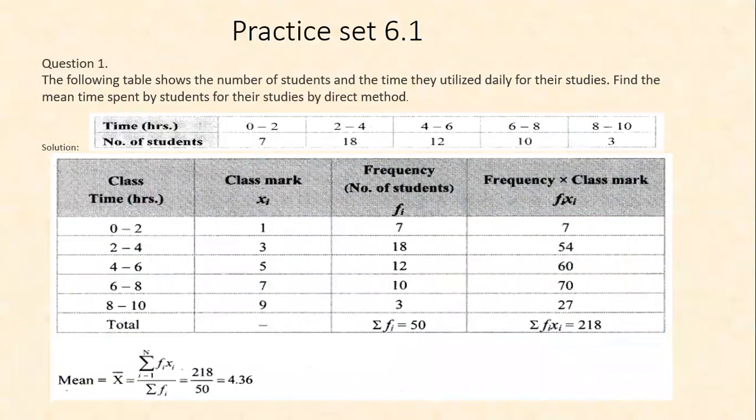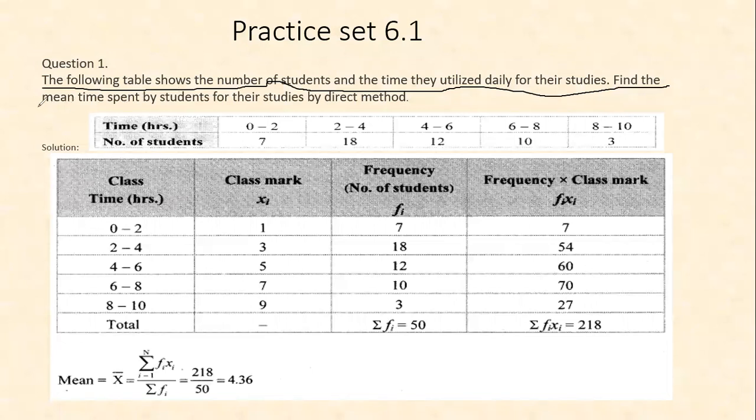So let us look at practice set 6.1. Now here you can see in this sum the following table shows the number of students and the time they utilize daily for their studies.